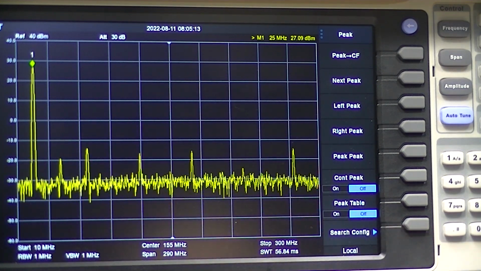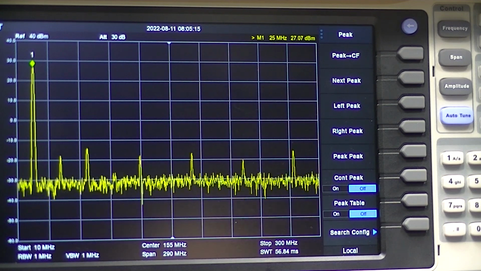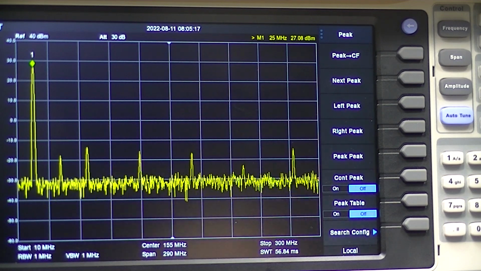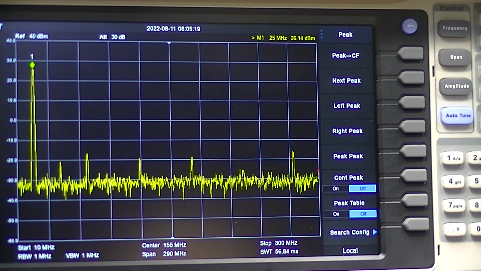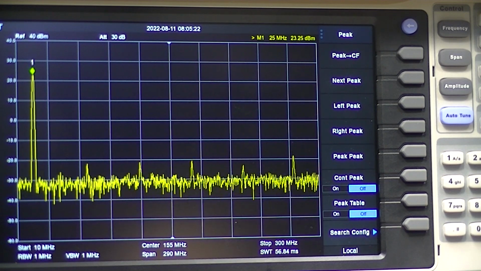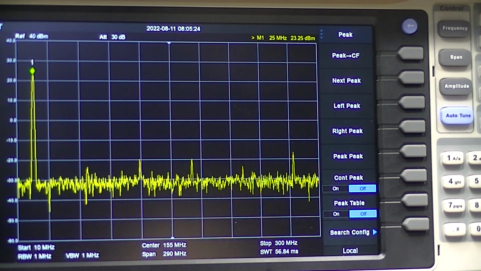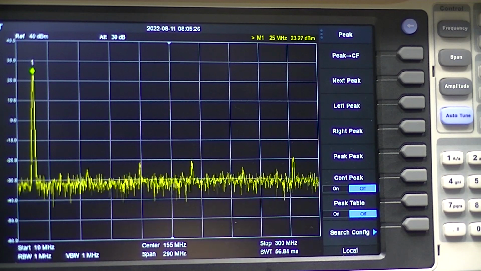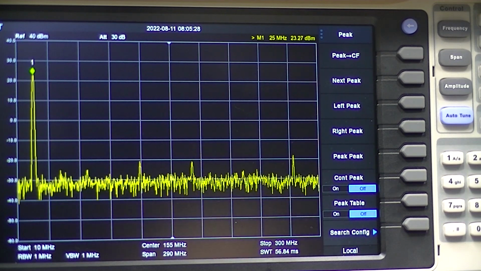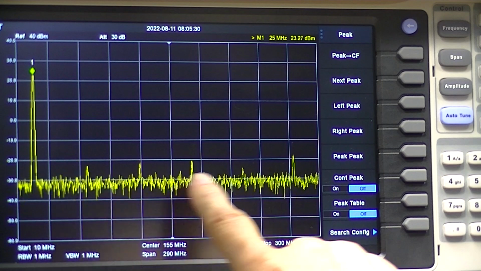If I reduce the input to the amplifier to 25 decibels of output, or 23 decibels, things are getting better.